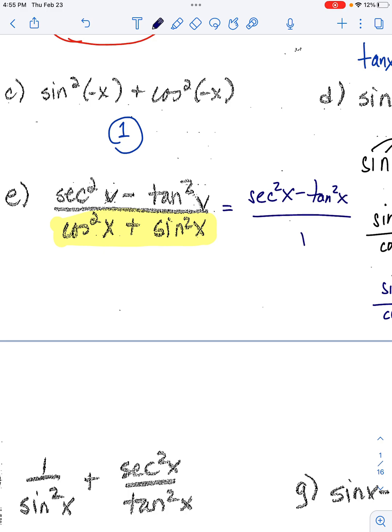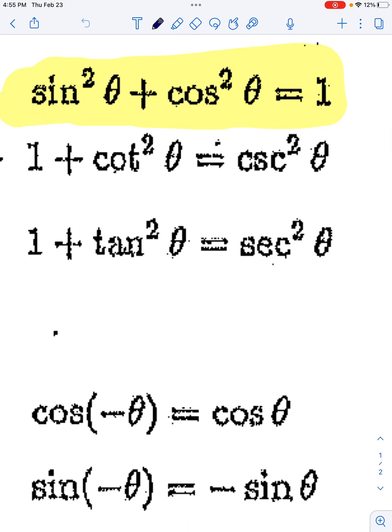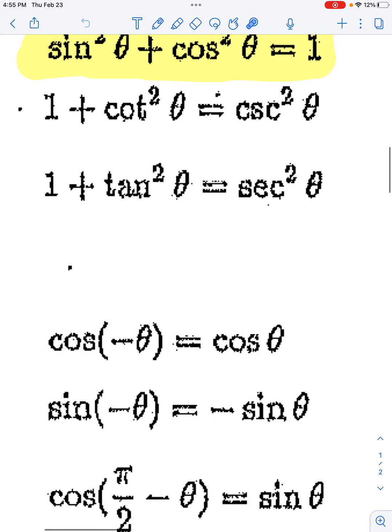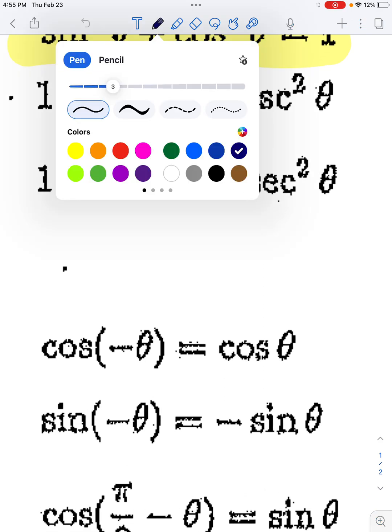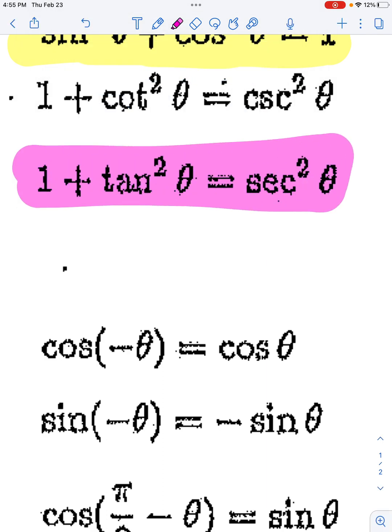And then secant squared minus tangent squared of x. What is that equal to? Let's think about what that might be equal to. Let's see if we can use a trig identity. So here's an identity right here that relates secant squared and tangent squared. I'm starting from this pink highlighted identity here.